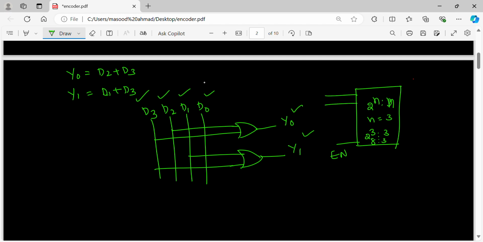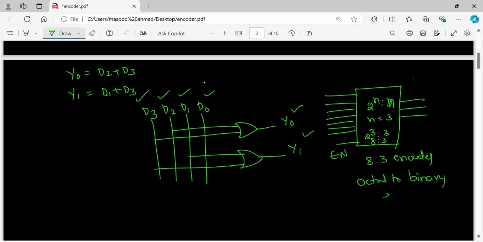There will be 8 inputs and 3 outputs. So this is known as an 8 to 3 encoder. It is also known as an octal to binary encoder. We will see its operation and design in the next lecture.